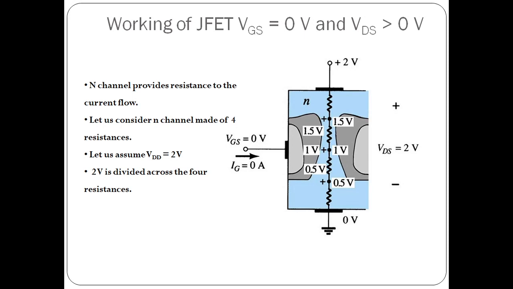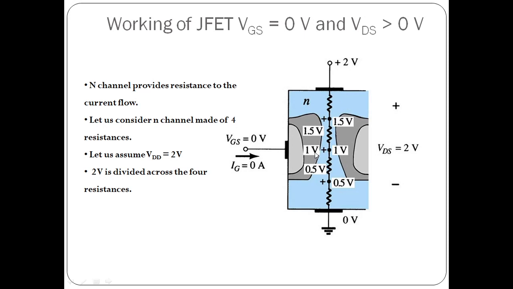We know already that the N channel provides resistance to the current flow. Let us consider the channel is made of 4 resistors connected in series. Here we can see 4 resistors all have equal value connected in series.